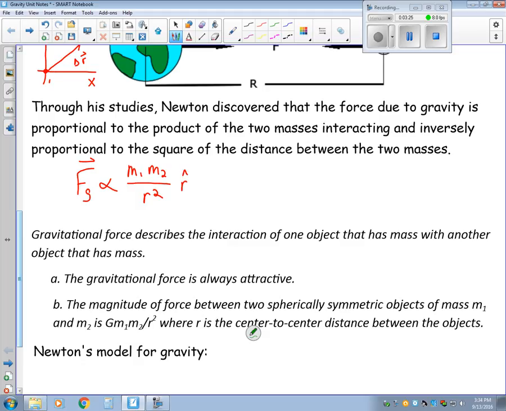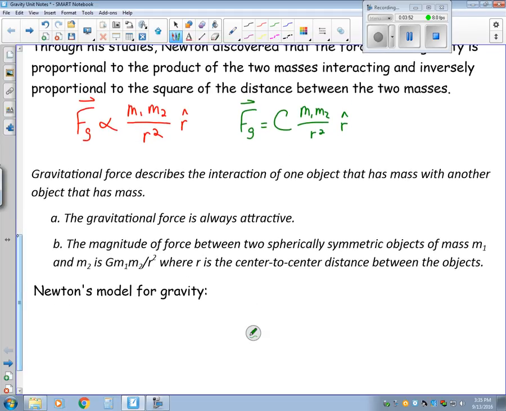And roughly 200 years after Newton, another scientist named Henry Cavendish discovered the proportionality constant for gravity. So, gravitational force then equals some constant times m1 m2 over r squared, and then I turn it into a vector by multiplying it by the unit vector.